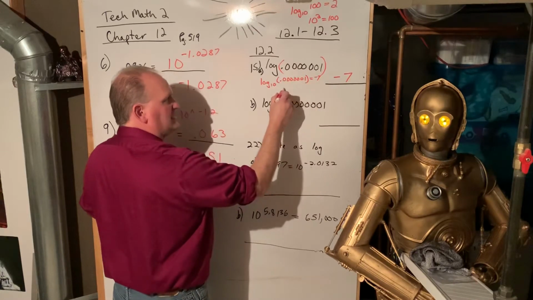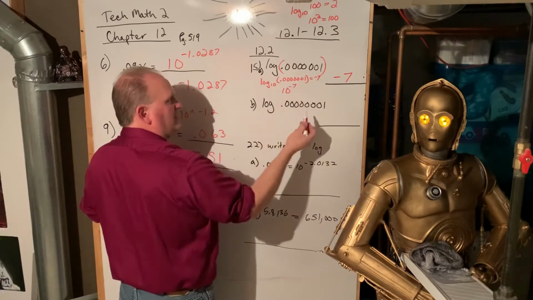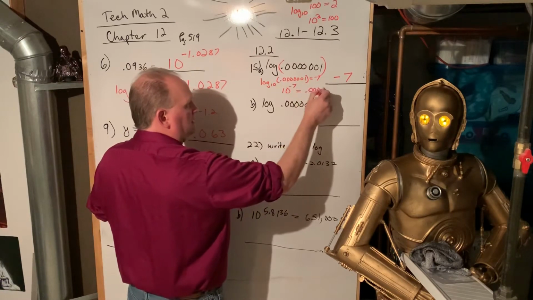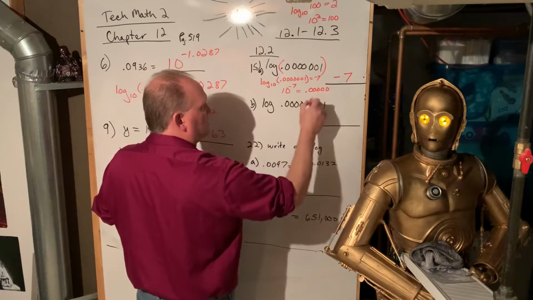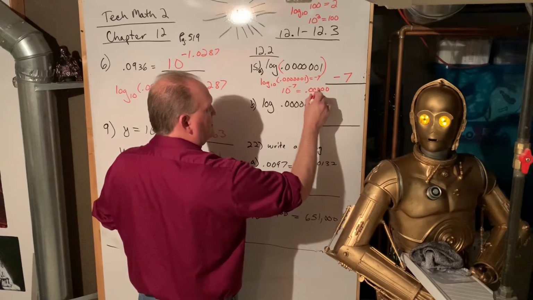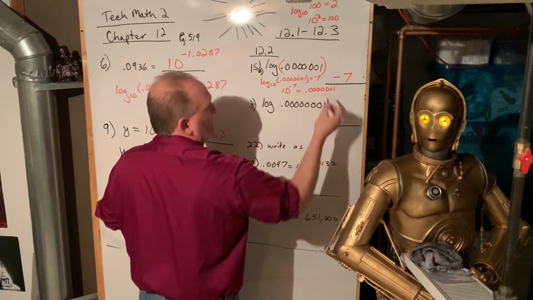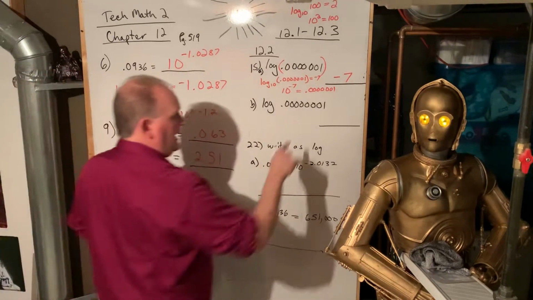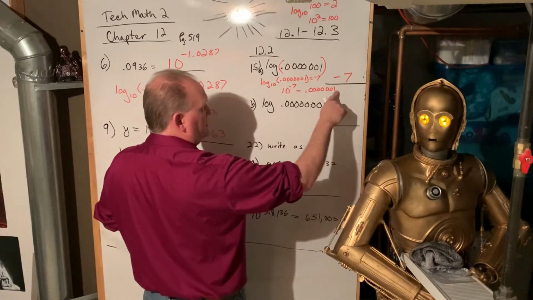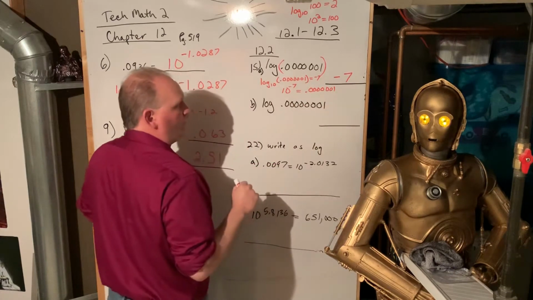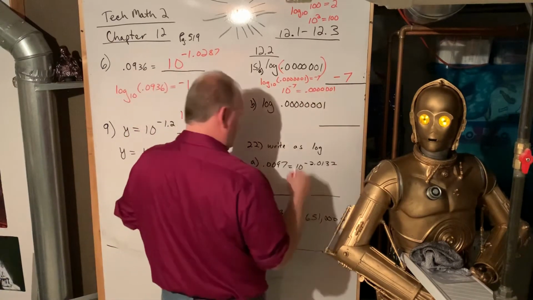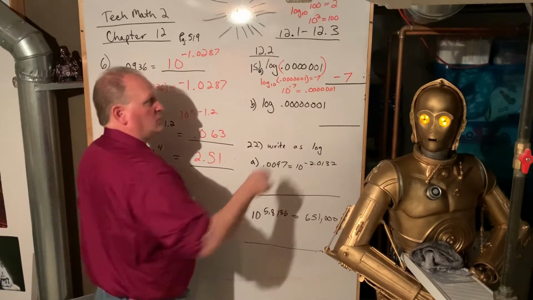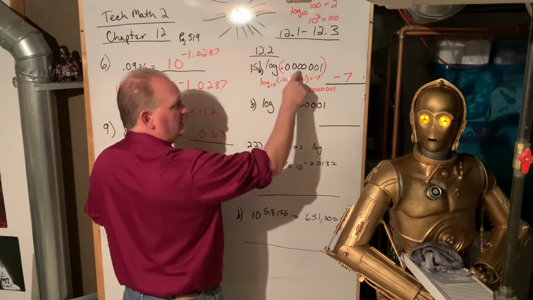What does that mean? It means 10 to the negative 7th is equal to that number. It's almost like scientific notation, counting it back to get it to be 1. Because 1.0 times 10 to the negative 7th would give you that.